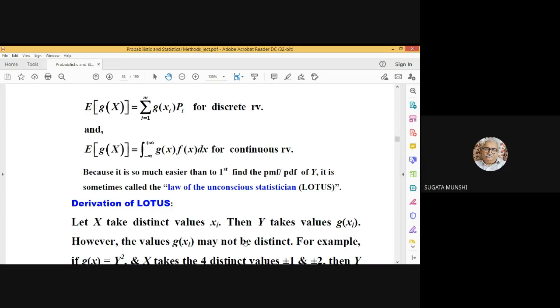If you are interested in finding the expectation, it's not required. You can skip that part. After you write down this derivation, I'll cite one illustration to show that this is valid.